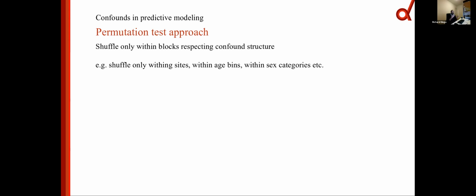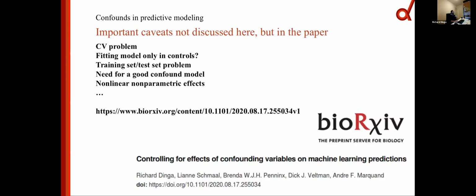The problem is that, again, you don't have this nice decomposition of how much better my model is compared to a model that's predicting only confounds or something like that. But it will give you correct p-values that are not affected by the presence of confounds. And this is pretty much it.